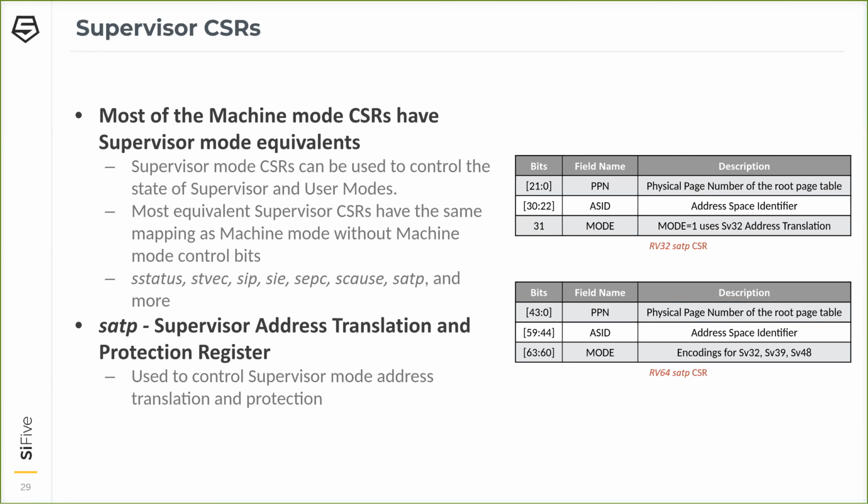There's also an additional CSR in supervisor mode, which is not in machine mode. And this is the SATP CSR, or Supervisor Address Translation and Protection register. This CSR is used to control supervisor mode's address translation and protection. So in RISC-V, virtual memory is supported in supervisor mode only.